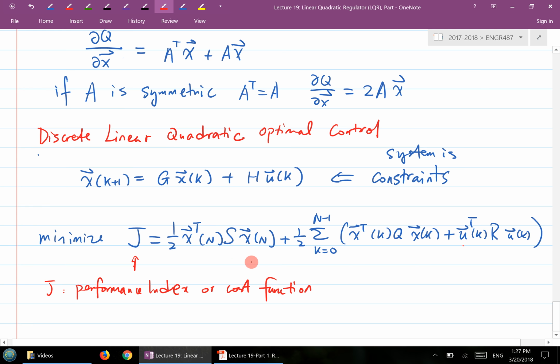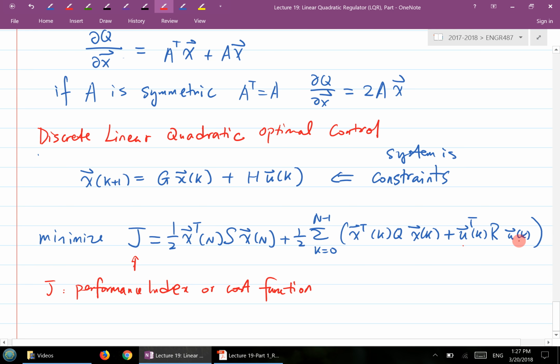Now, second of all, let's take a look at this function J. We're trying to minimize this cost function, and it is written in a so-called quadratic form. In scalar format, this is essentially 1/2 s times x squared, or 1/2 q times x squared, or 1/2 r times u squared.